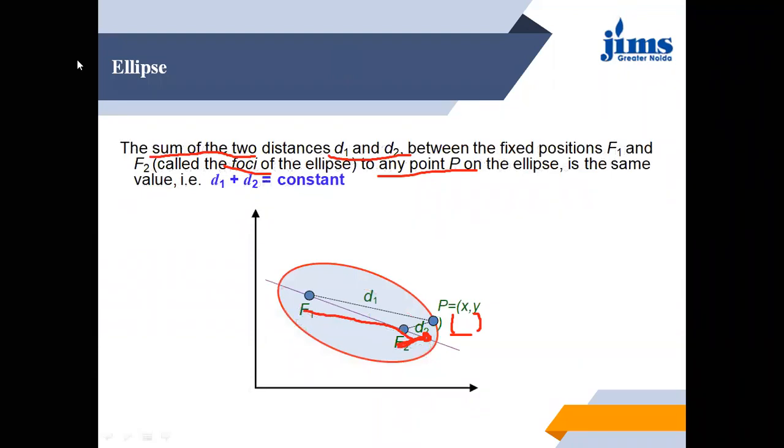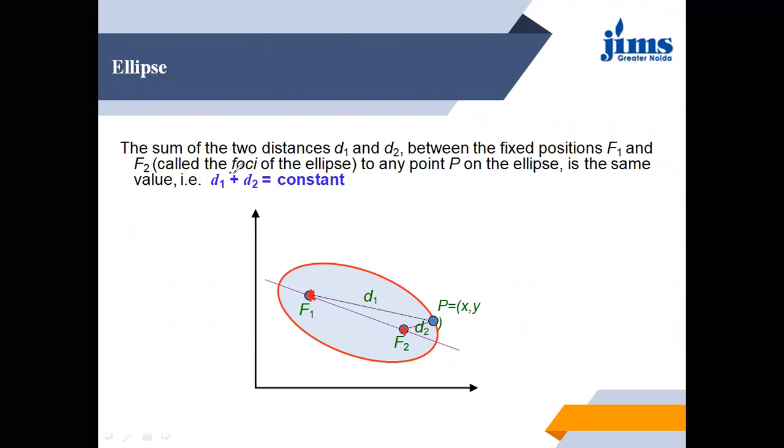Now the concept is that we take the distances d1 and d2 from the points f1 and f2. We do not choose f1 and f2 according to our choice. These are fixed points and these are called the foci of the ellipse.